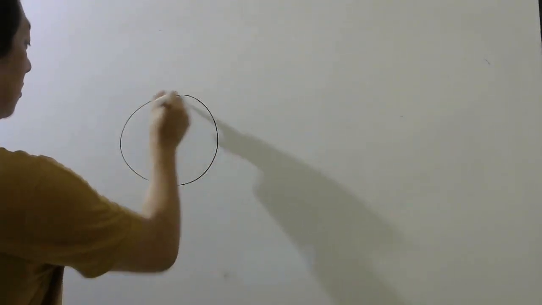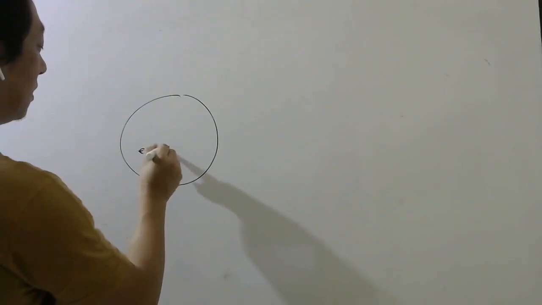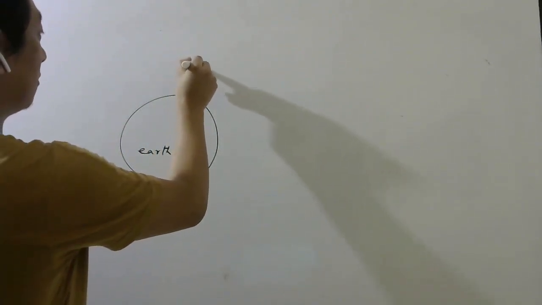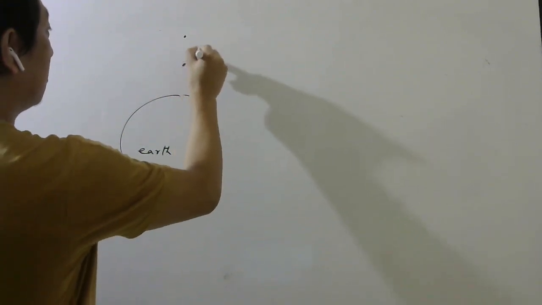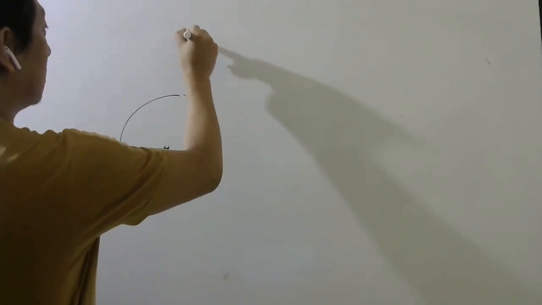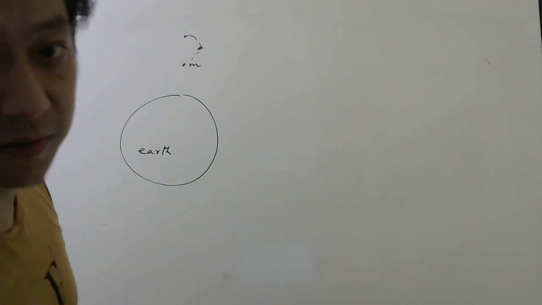Okay, now I want to revise with you how much work is needed, or how much energy is required, to move an object from one place to another place in the presence of a planet, let's say Earth. So here is your Earth or some planet, and I want to move an object of small m mass from here to here. The path is not important, remember, because it is a conservative force, right?